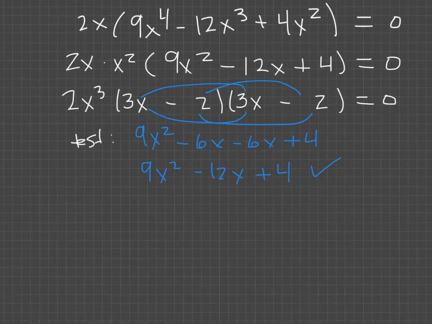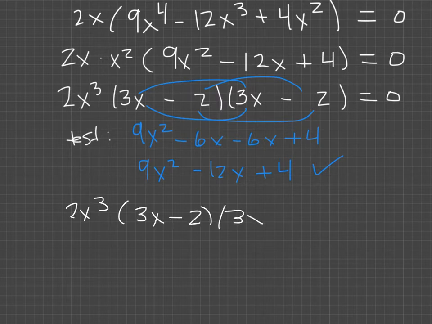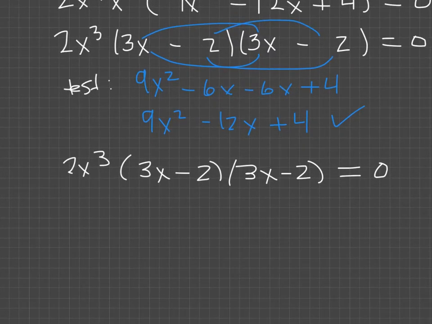So our factored form is 2x cubed times 3x minus 2 times 3x minus 2 equals 0. Now notice that the 3x minus 2 repeats, so we can write this as 2x cubed times that factor 3x minus 2 squared.